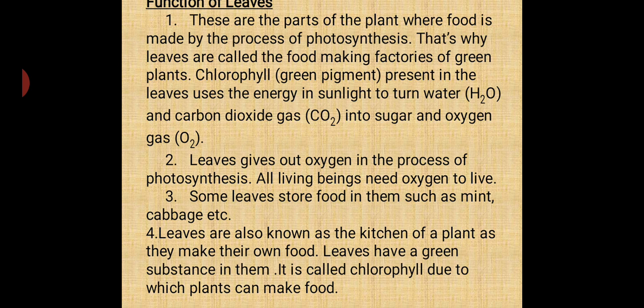Functions of leaves. Four main functions of the leaves are there. These are the parts of the plants where food is made by the process of photosynthesis. That is why leaves are called the food making factories of green plants.